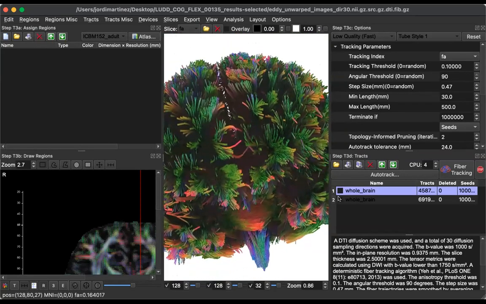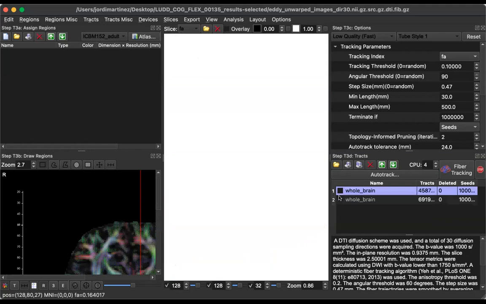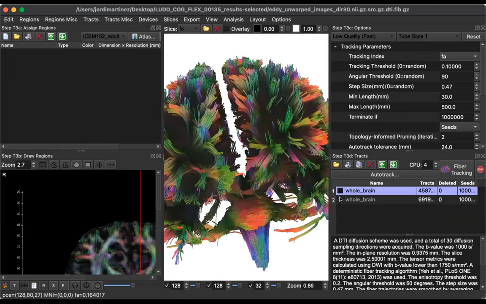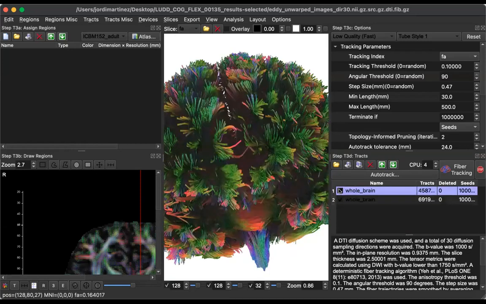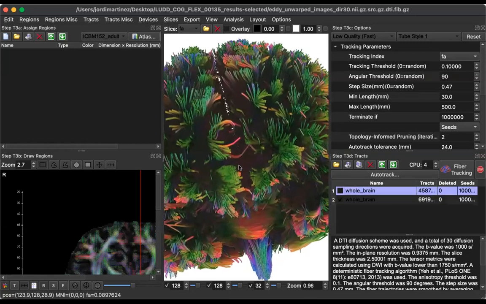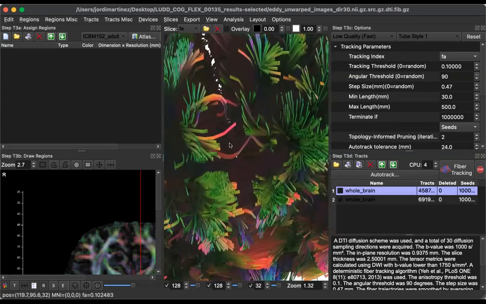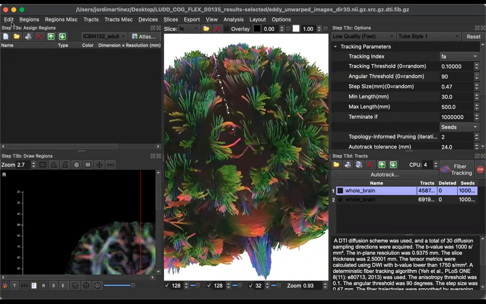So it's variable still. So these are our parameters, and that's the other one with the 0.1.